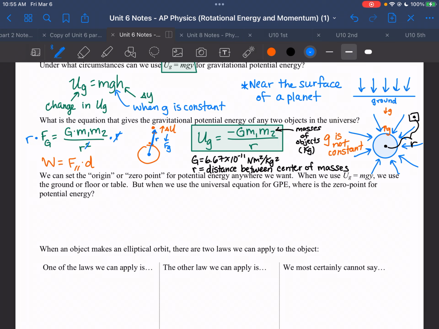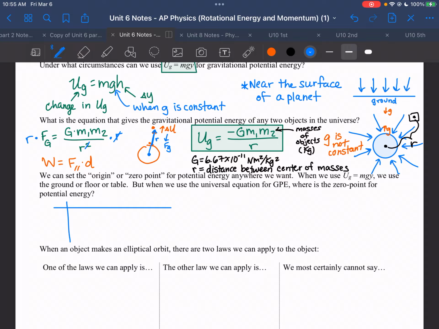You could also make the middle or the lowest point 0. But when we use this new equation, the universal equation for gravitational potential energy, that's what GPE is, the zero point has to be in a very specific location.